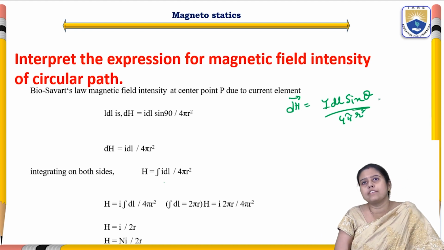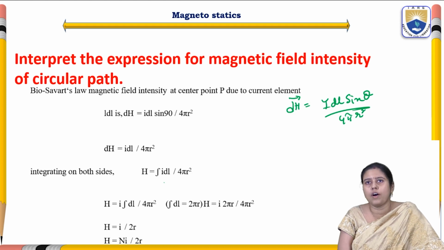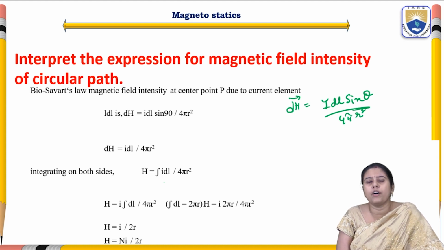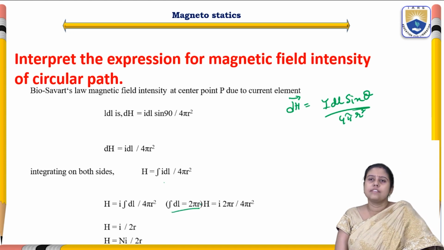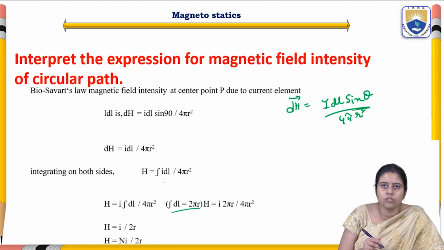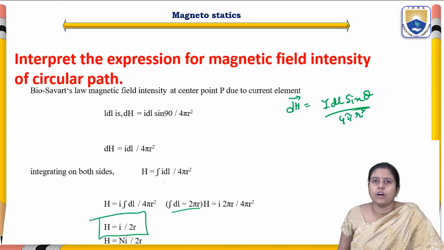Here the angle for a circular path is always 90 degree, so sin 90 is equal to 1. So dH is equal to IDL by 4 pi r square. If we integrate both sides, I is constant, and the length of a circle is 2 pi r. So H is equal to I 2 pi r by 4 pi r square, and H is equal to I by 2r.